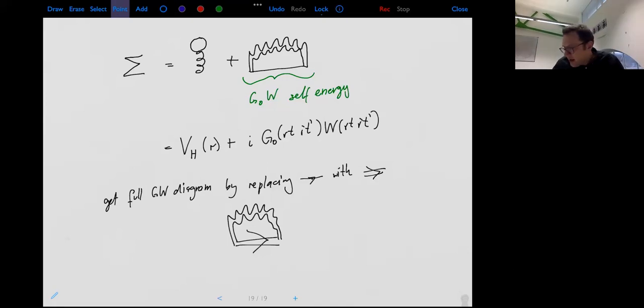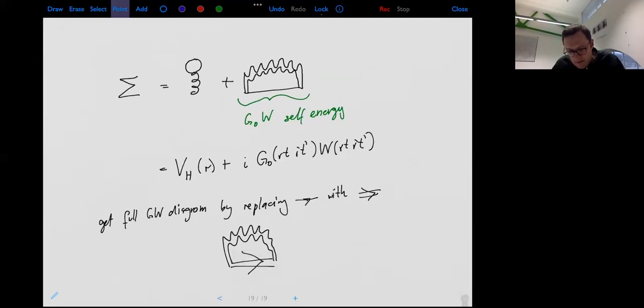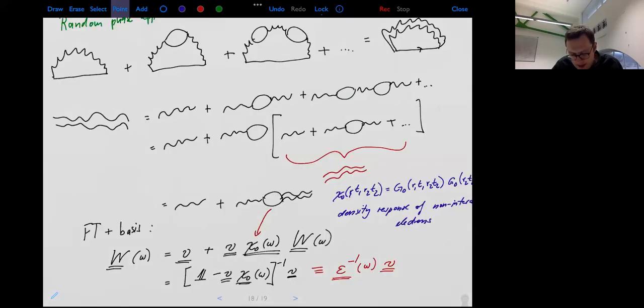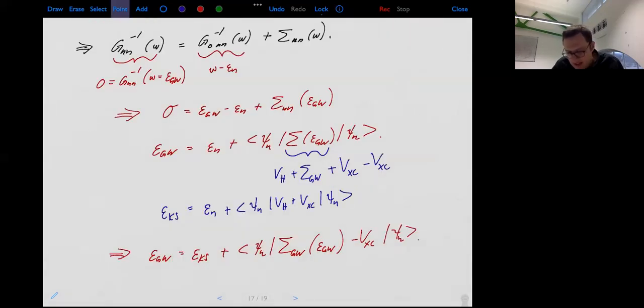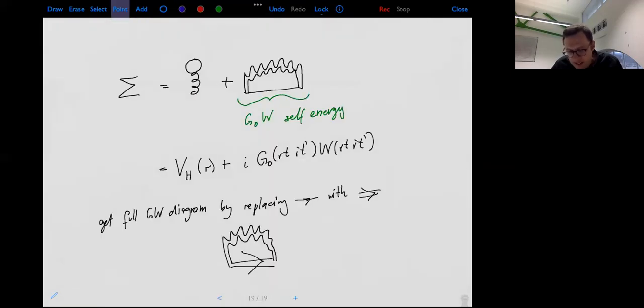Okay, so let's analyze this a bit more. Basically, what we need, of course, at the end of the day, is the self-energy in frequency space, right? But here we have it in time space. So we need to Fourier transform.